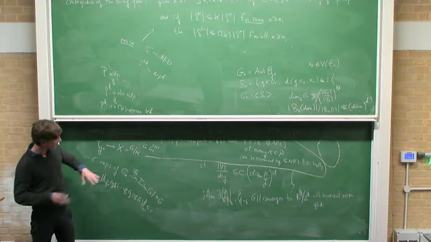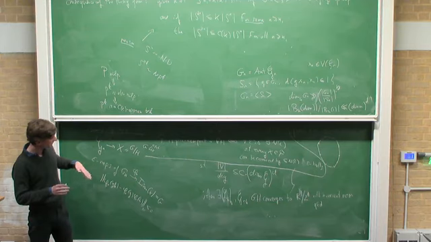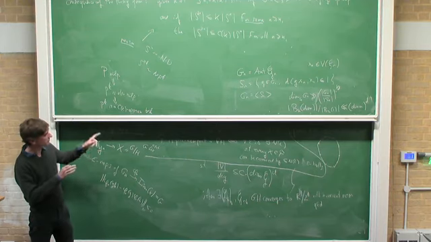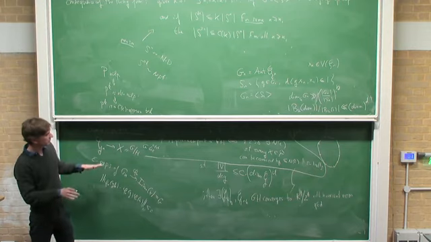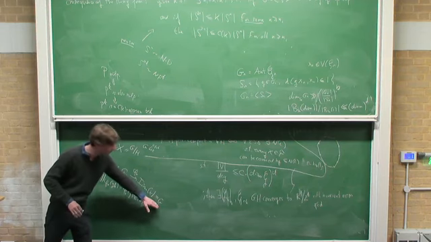Breuillard, Green and Tao argue a bit differently, using more of the structure theorems, using that you really have a nilprogression, and then showing that this nilprogression in the limit will give you a nilpotent group.